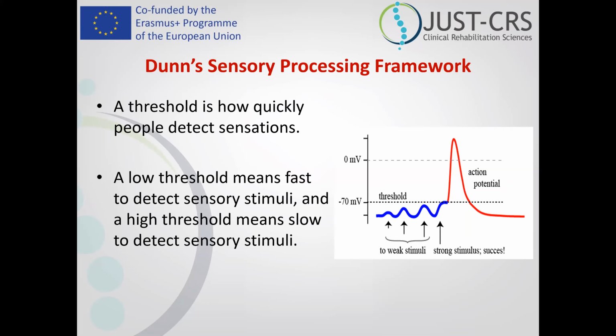First, I would like to explain what a neurological threshold is. A neurological threshold is how slow or fast people can detect sensory stimuli. If a person has a high neurological threshold, that means he requires more time to register sensory stimuli. Whereas if a person has a low neurological threshold, that means he is fast in detecting sensory stimuli.